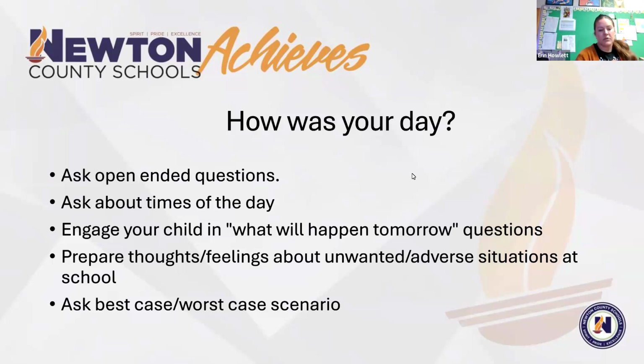We can also talk to them about what may happen if they do X. So we're asking them best and worst case scenarios. If you lie to your teacher, what do you think is going to be a consequence for that? Or what do you think might happen?